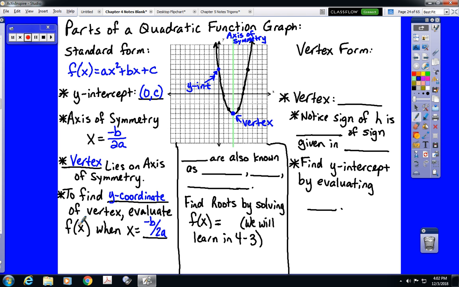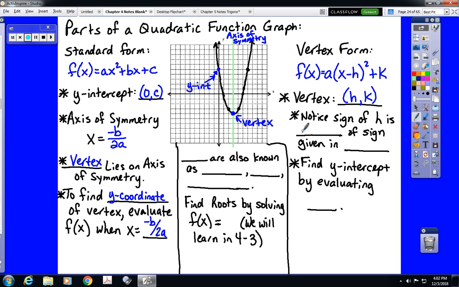Now we can do a lot of that same stuff out of vertex form. Remember that vertex form is f of x equals a times x minus h quantity squared plus k. And again, we can get the location of the vertex directly from that equation because it's (h, k). Remember, we have to change the sign, okay?